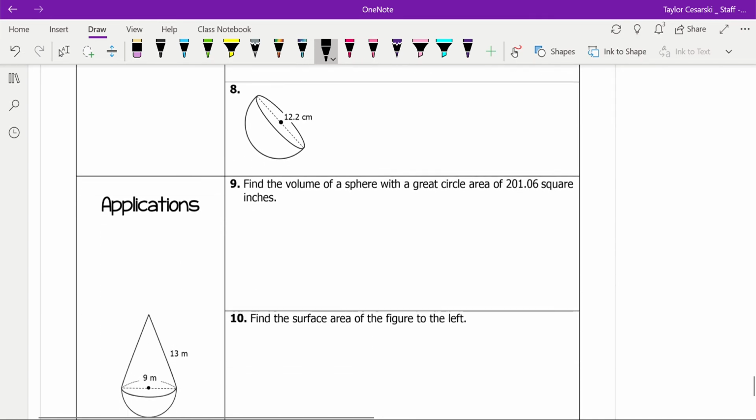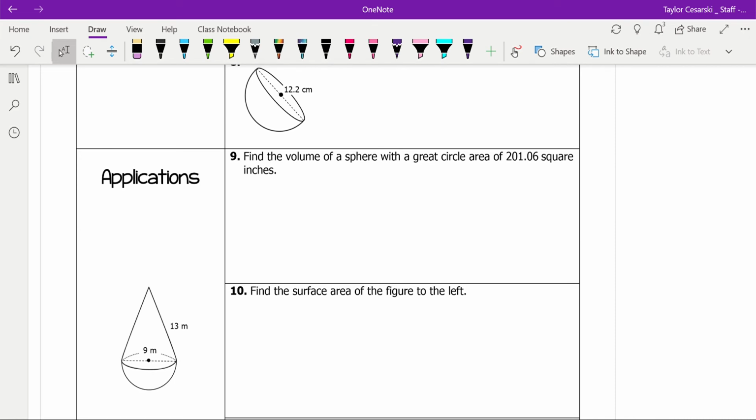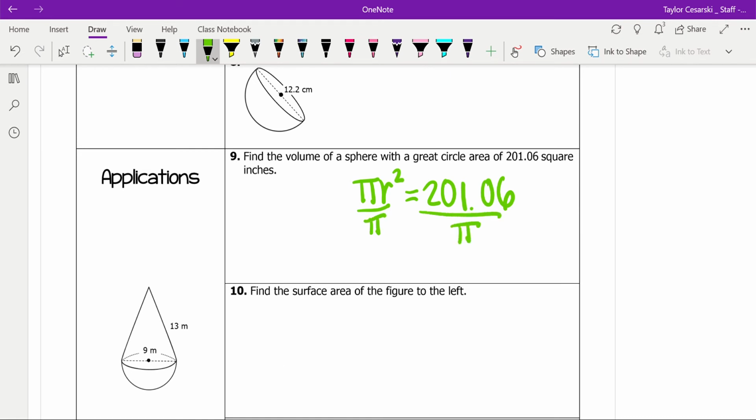All right, a couple applications. Find the volume of a sphere with a great circle area of 201.06. Great circle just means pi r squared. The area equals 201.06. This goes back to when we talked about area and circumference. If you're given the area, set it equal to the area formula and divide by pi. When you divide by pi, you get r squared equals 64.